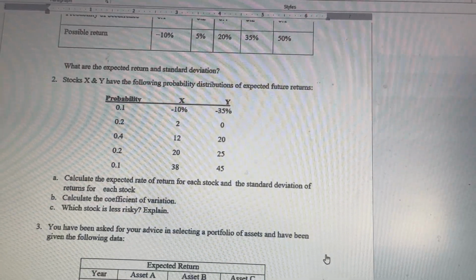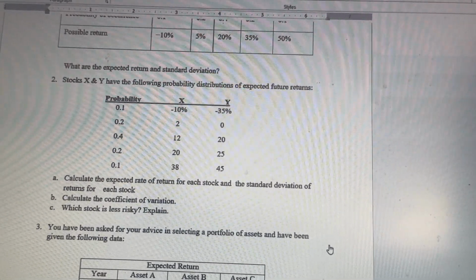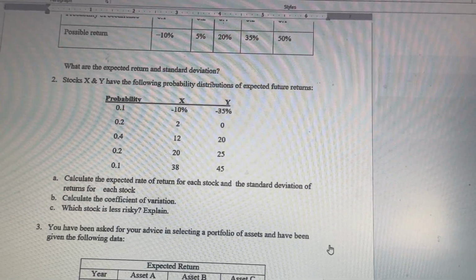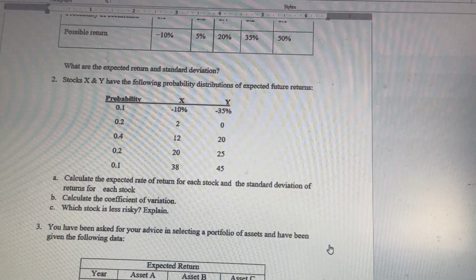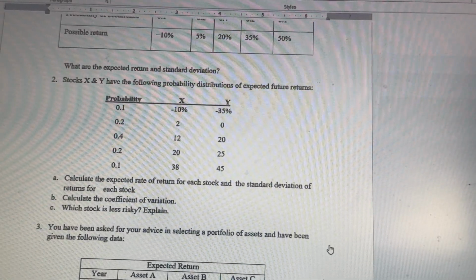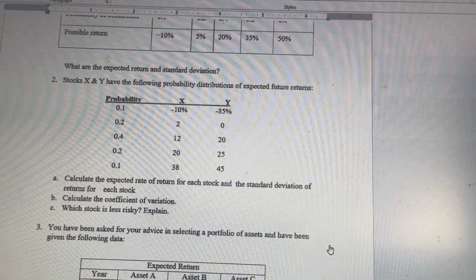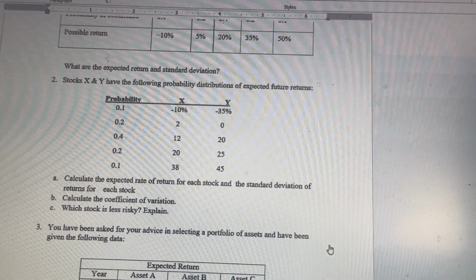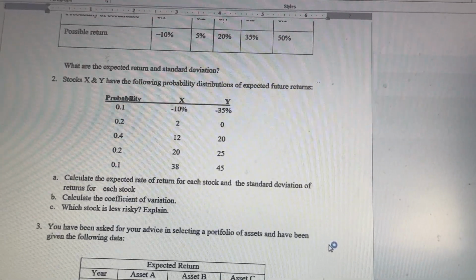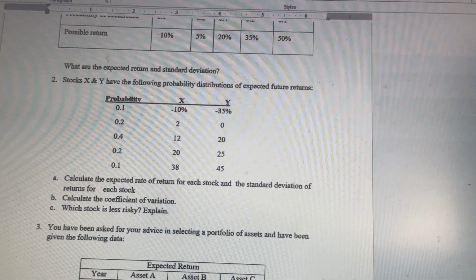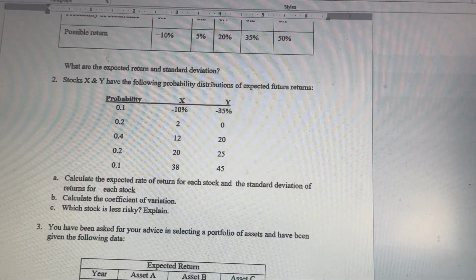Right, there are a few who I think have completed the answers.